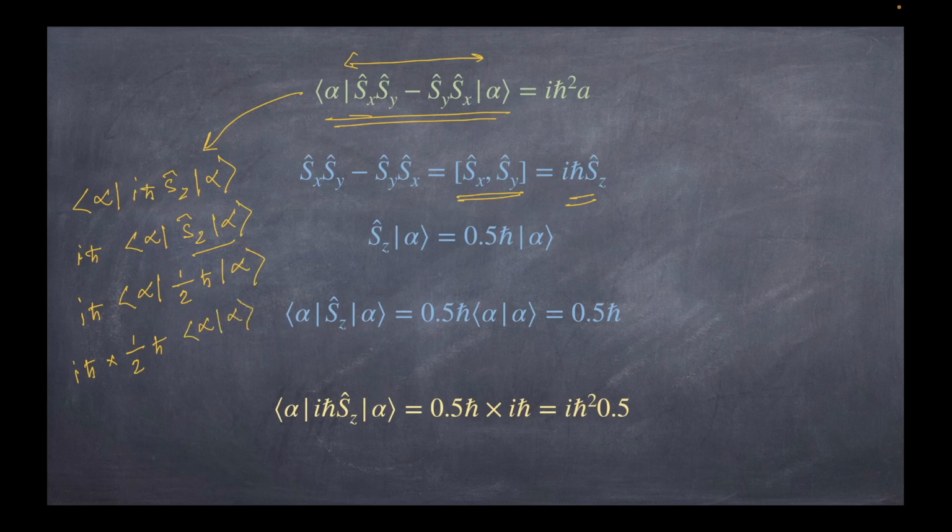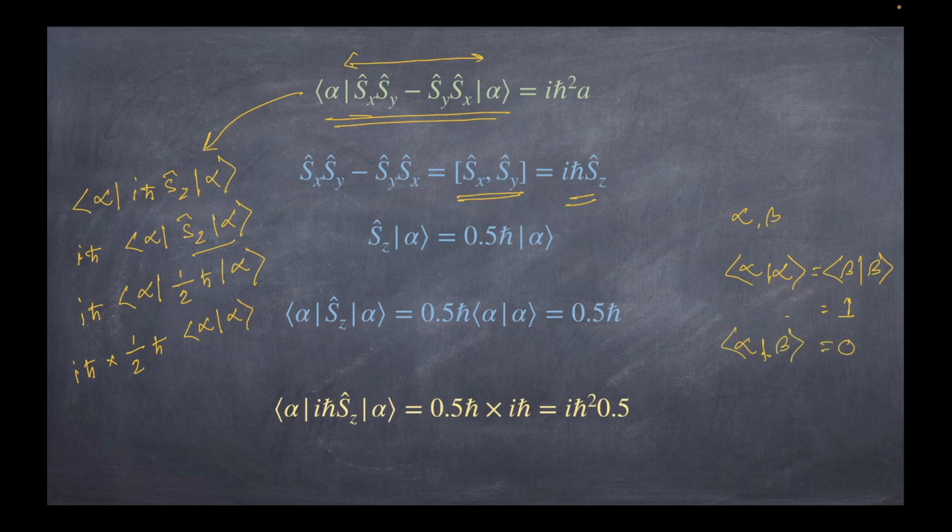Now alpha and beta, for the electron case, are two spin eigenfunctions, so they are orthonormalized. That means they are orthogonal to each other and they are normalized. Normalized means the Dirac bracket of alpha with alpha, or of beta with beta, equals 1. This is the normalization condition, and the orthogonal condition means the Dirac bracket of alpha with beta equals 0.